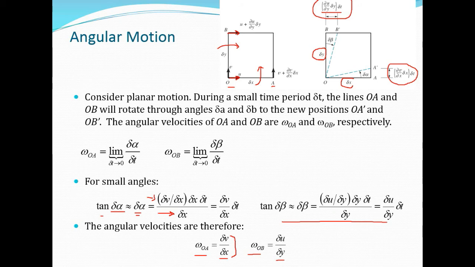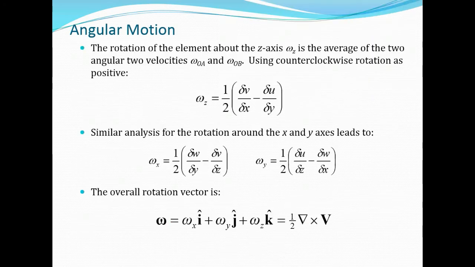So these are the angular velocities. This angular velocity term may look familiar to you. It's actually what you get when you do the cross product, and here we're using the convention that clockwise rotation is positive.